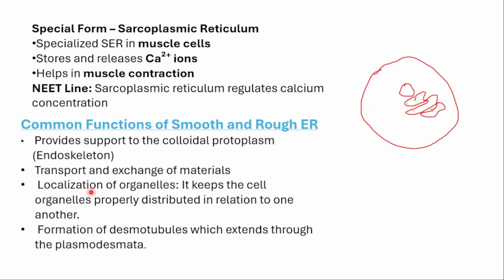Then next, localization of organelles. It keeps the cell organelles properly distributed in relation to one another. So the endoplasmic reticulum keeps the other cell organelles properly distributed. Next, formation of desmotubules, which extend through the plasmodesmata.